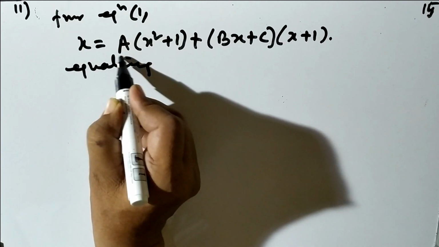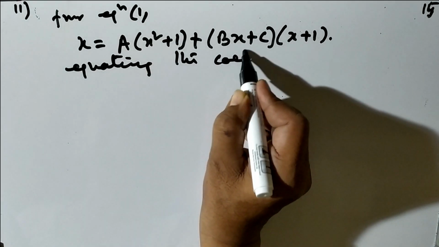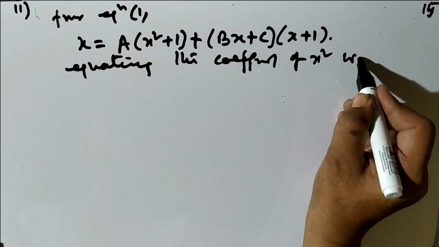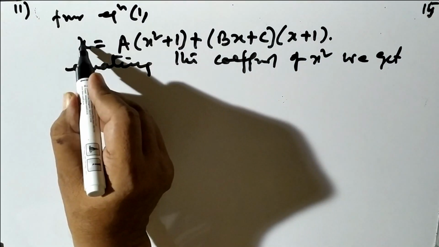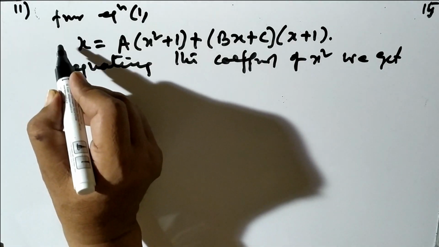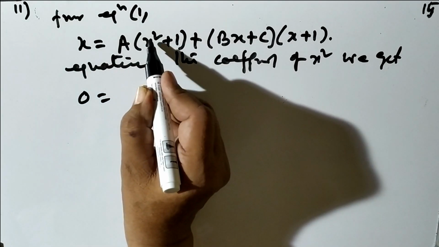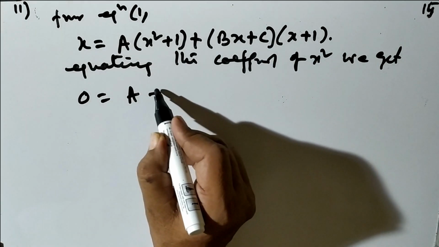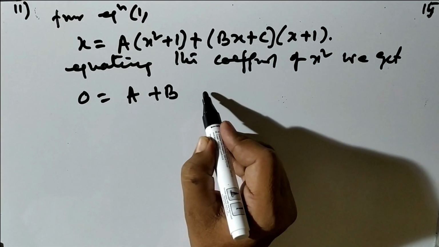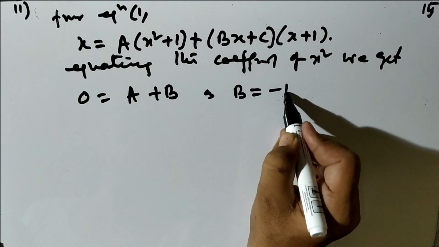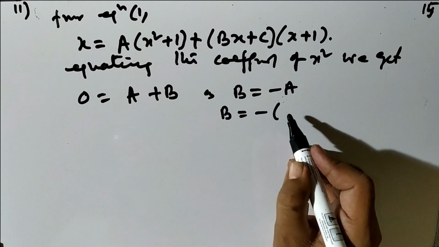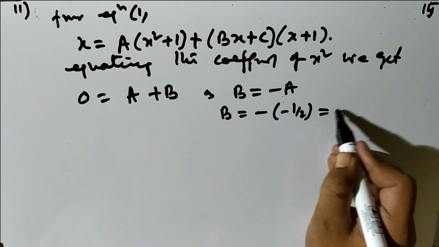Equating the coefficient of x square, we get x square coefficient left hand side is 0, that means 0. Here a into x square coefficient is a. bx into x, therefore coefficient is b, or b equal to minus a, or b equal to minus, since a is minus half, therefore b is half.